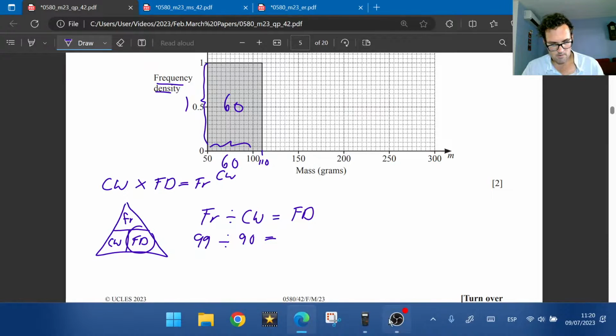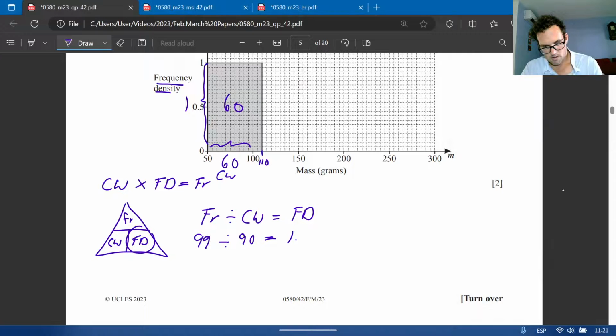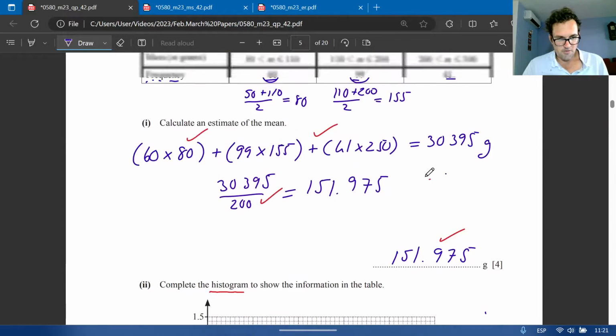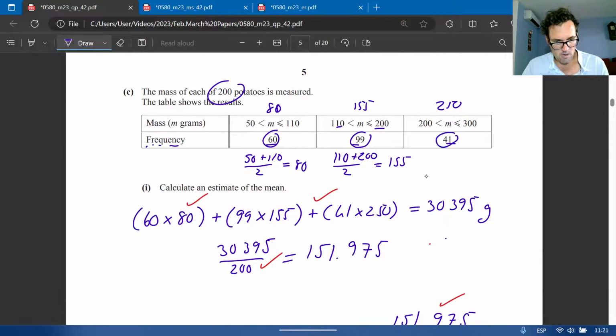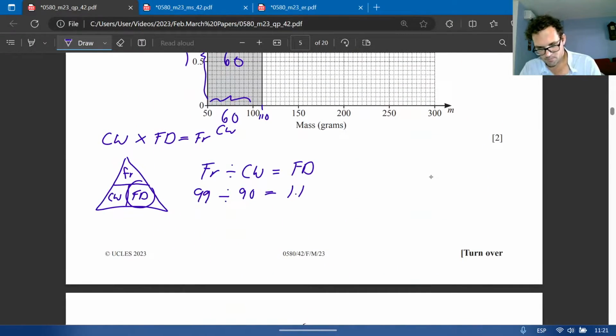And that will give us 1.1. Does it make sense? Yeah, 1.1 will fit nicely here. Let's just work out the other one as well. The frequency for the last bar is 41. The class width is 100. Easy. So 41 divided by 100 is 0.41.